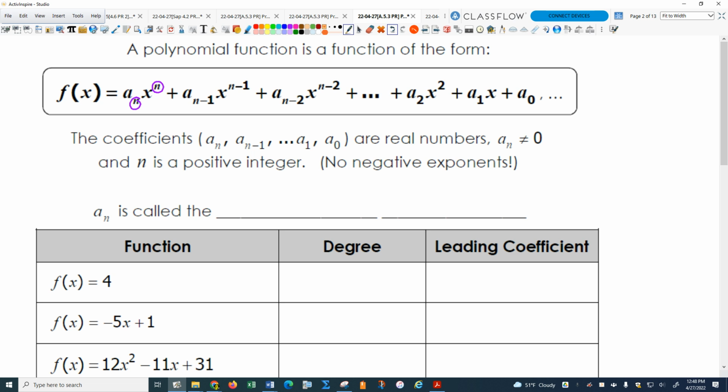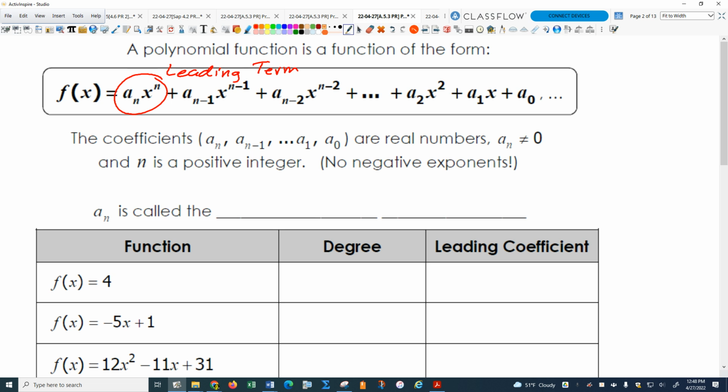What we really care about here is that if we write this in standard form, we know that the biggest power of x has to go first. The term that has the biggest power of x is called the leading term. I want you to write that down. That's the leading term. How come? Because it leads things off.